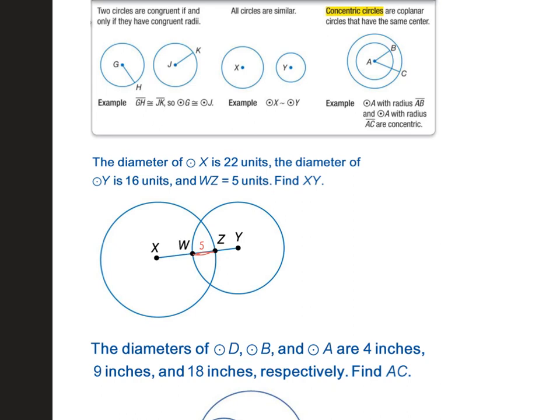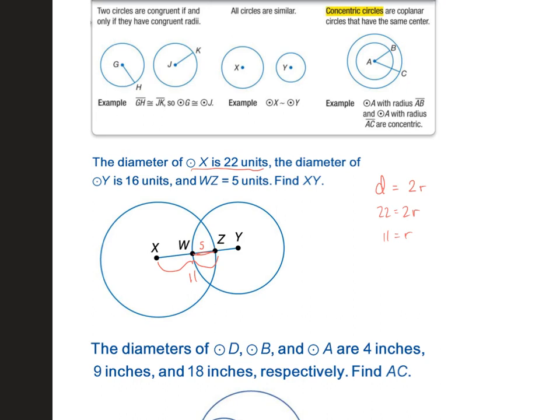All right. So first off, it says that the diameter of circle X is 22 units. So the diameter is equal to 2 times the radius. Then that means 22 is equal to 2r. So 11 is equal to the radius. So that means that the distance from X to Z is 11.